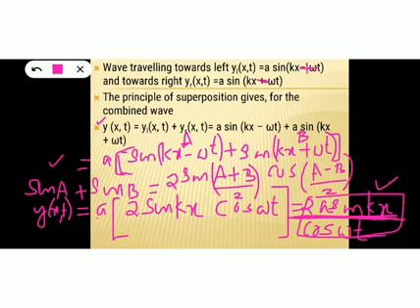Based on this amplitude, we can determine the points of maximum amplitude and the points of minimum amplitude. So just remember this expression. This is the equation of the resultant wave, and out of this expression, 2A sin kx represents the amplitude of that resultant wave.